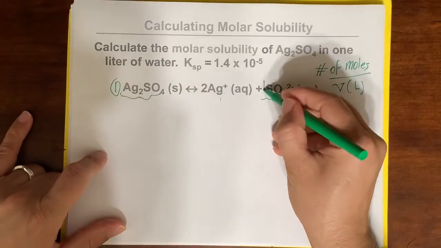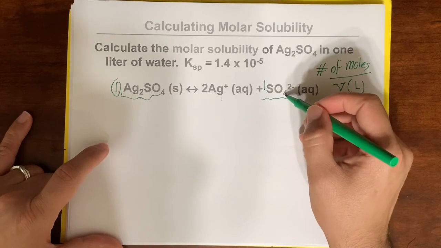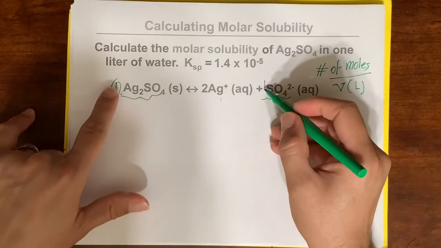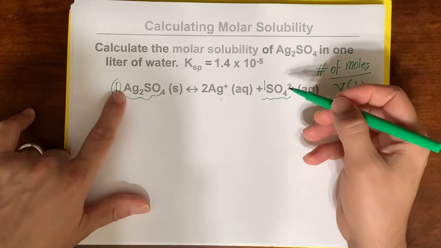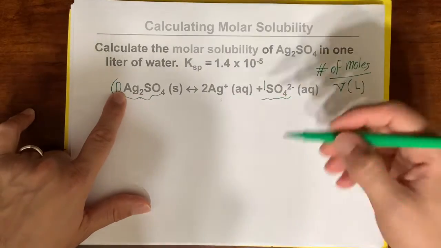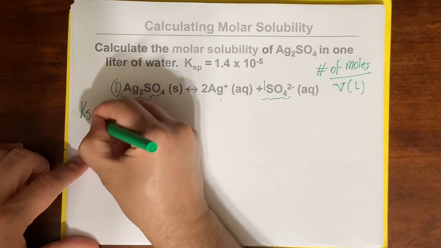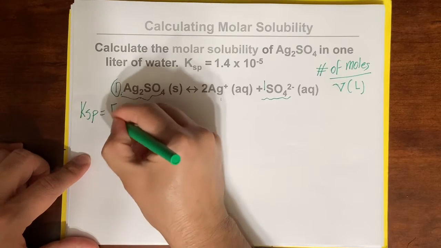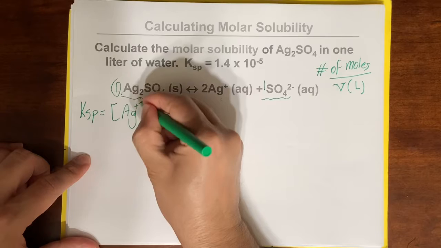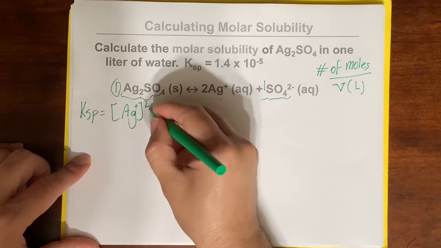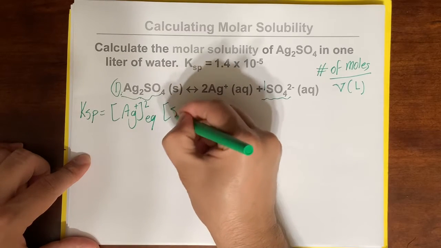The coefficient is 1. If you know how many sulfate you have, because the coefficient is 1 to 1, that means you figure out how many moles of silver sulfate you dissolve. So I'm going to define the KSP, and it's going to be equal to silver to the second multiplied by sulfate.